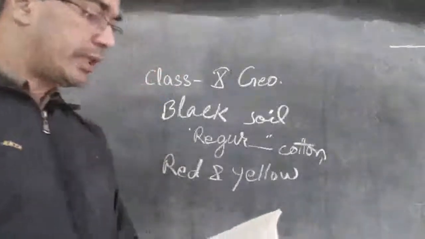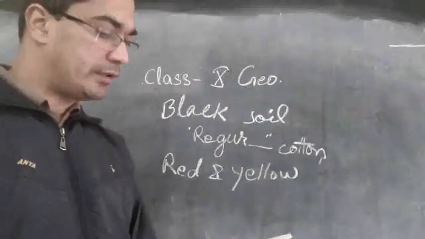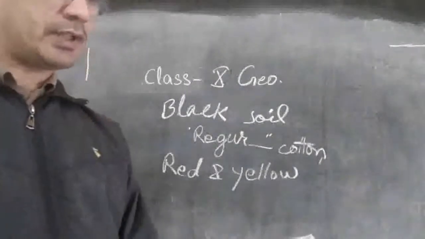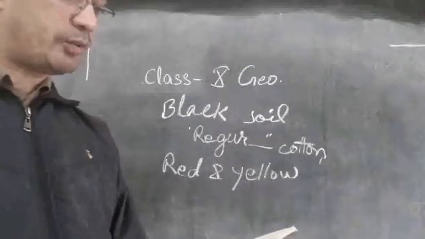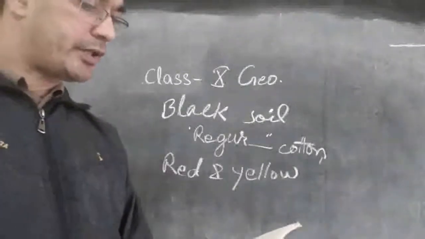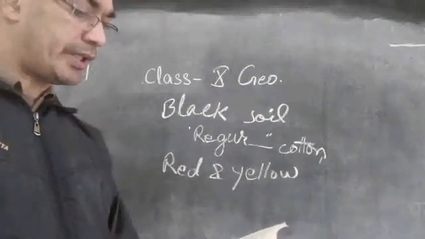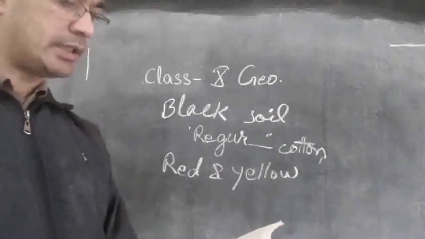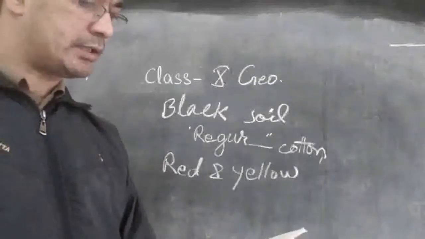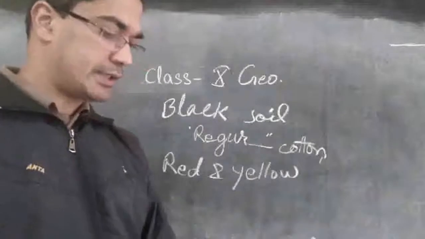Red soil develops on crystalline igneous rocks in areas of low rainfall in the eastern and southern parts of the Deccan Plateau. Yellow and red soils are also found in parts of Odisha, Chhattisgarh, southern parts of the Middle Ganga Plain, and along the Piedmont zone of Western Ghats.